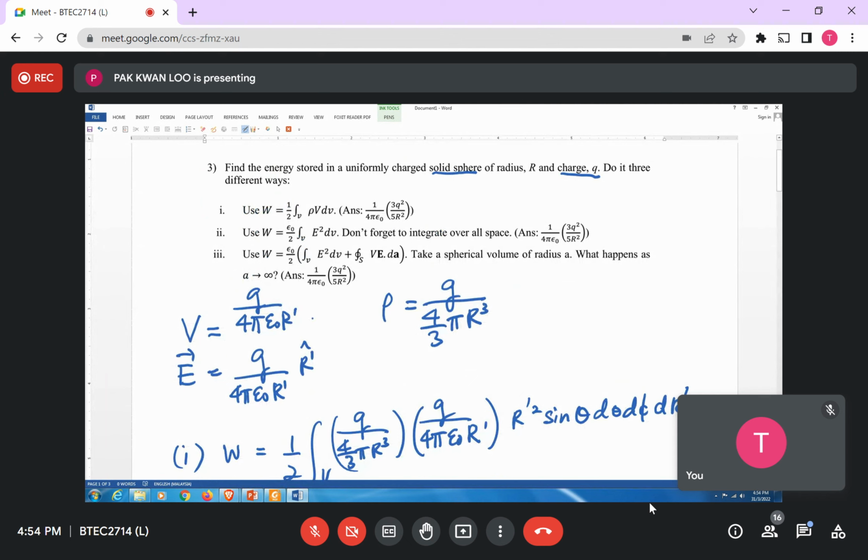But this is outside. I haven't evaluated inside here. This is only for outside, right? So what about inside? I haven't done it for inside as well. This is outside for V and E, so what is inside?